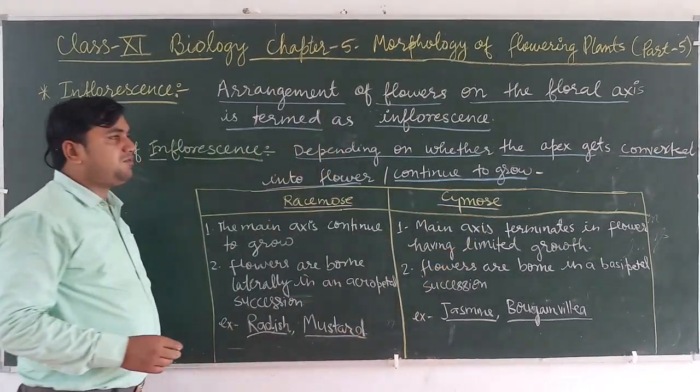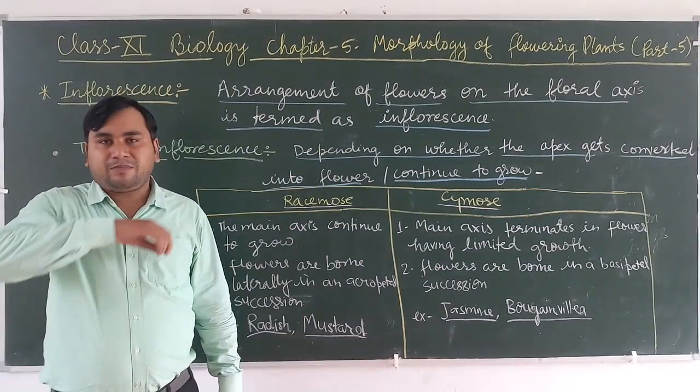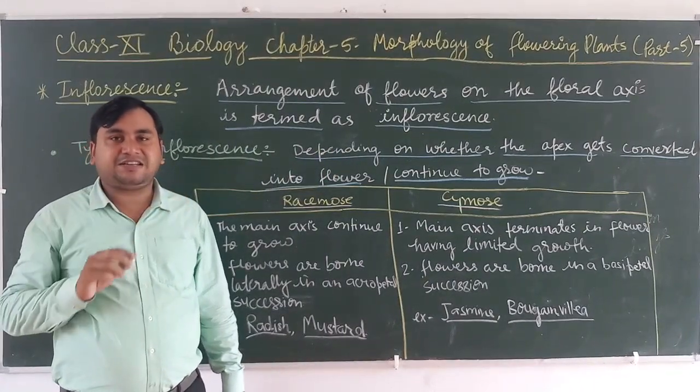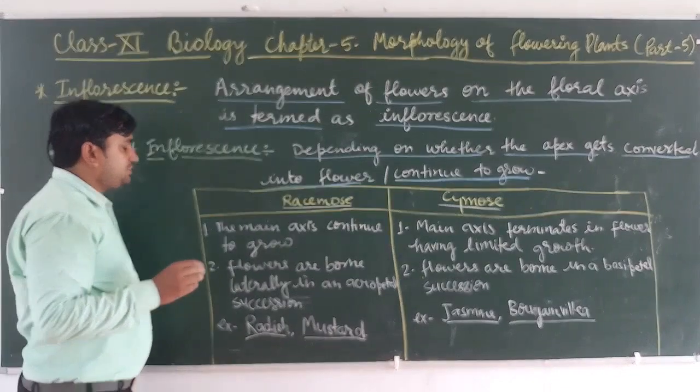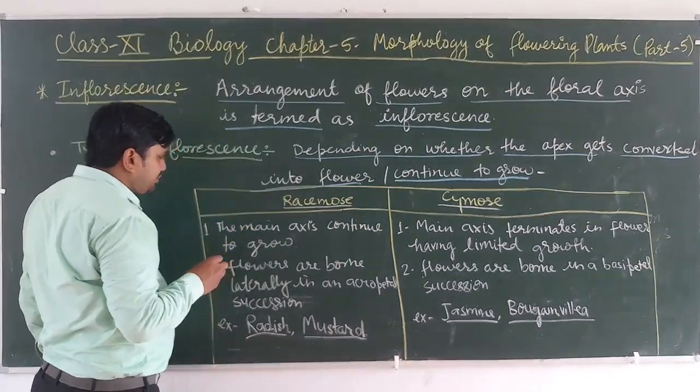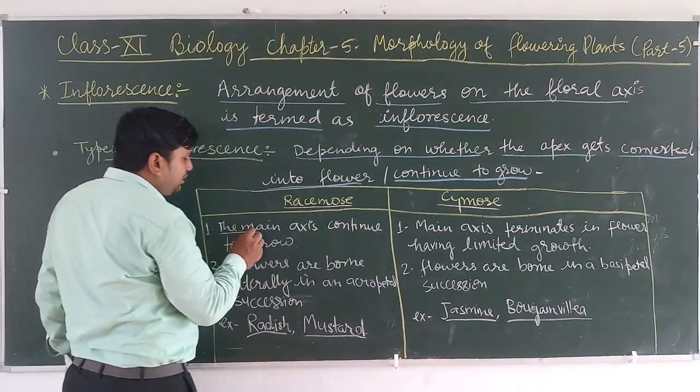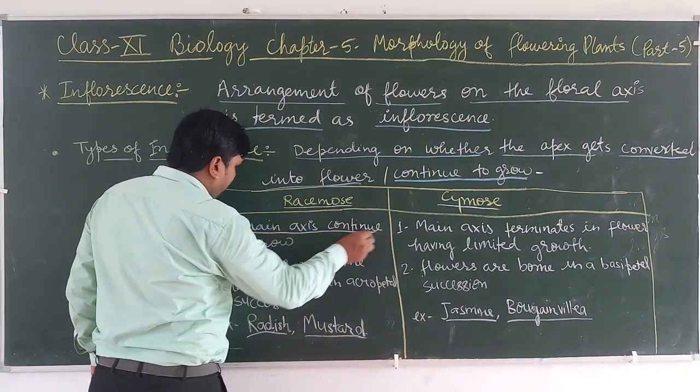Two types of inflorescence are found in the flowering plant, that is racemose and cymose. Racemose, one by one: the main axis continues to grow.